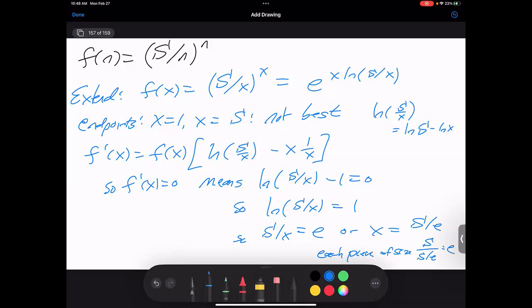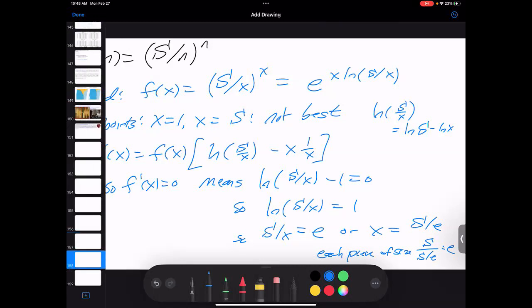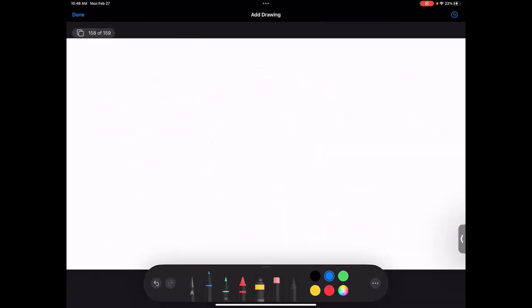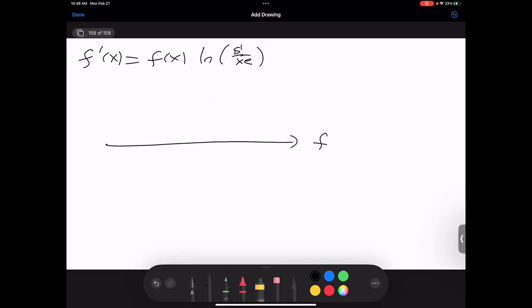Now the problem is this was finding the best real maximum. We want to find the best integer maximum. So remember, we have F prime of X was F of X times the natural log of S over X minus 1. That's the same as just writing it like this. And what I want to do is I want to just quickly talk to you about curve sketching. So here's 0, let's make it 1.